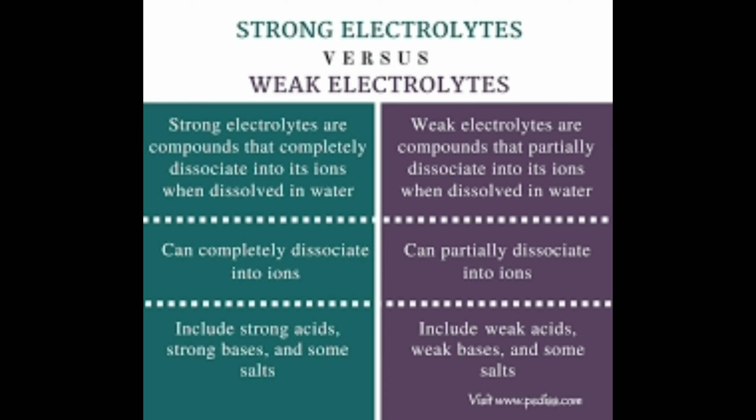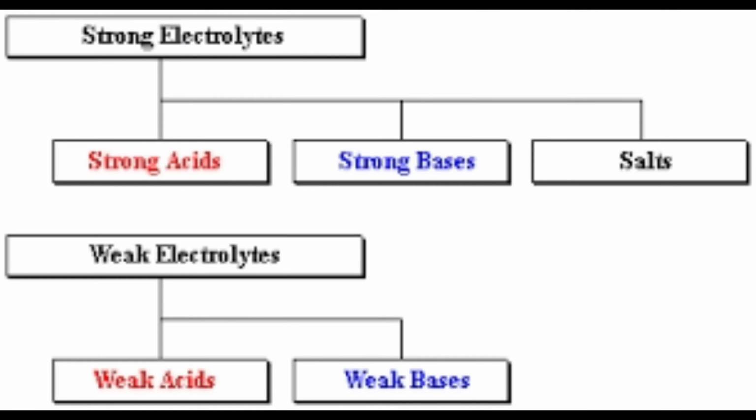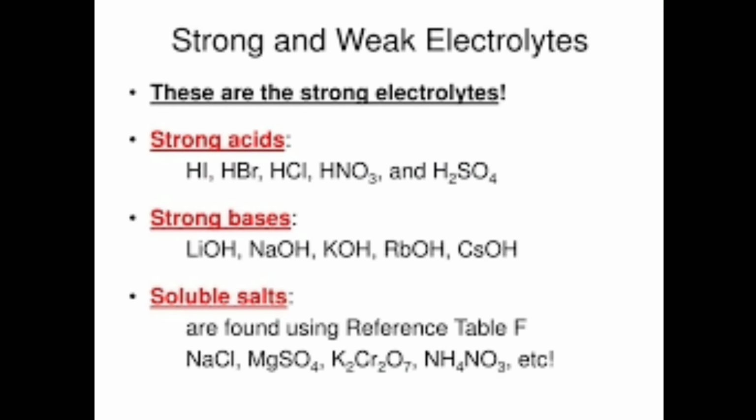For example, strong acids are HCl, HBr, and strong bases are NaOH, KOH. Examples of strong electrolytes are strong acids, strong bases and salts. Examples of weak electrolytes are weak acids and weak bases. Strong acids are HI, HBr, HCl, HNO3 and H2SO4.